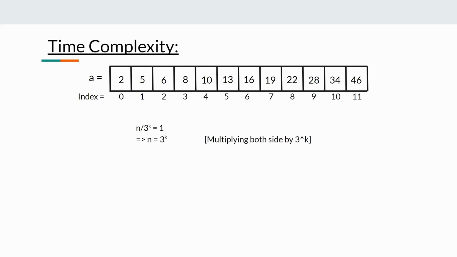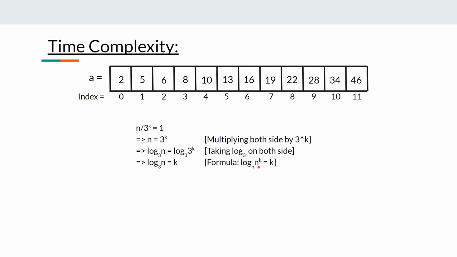First we can multiply both sides by 3 to the power k. Now we get n equals 3 to the power k. Then we take log base 3 on both sides. The reason is there is a logarithm formula: log base n of n to the power k equals k, where k is the power.